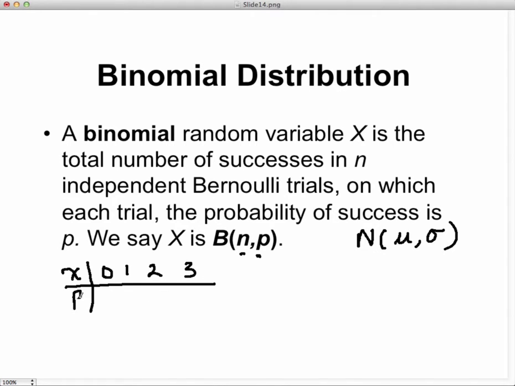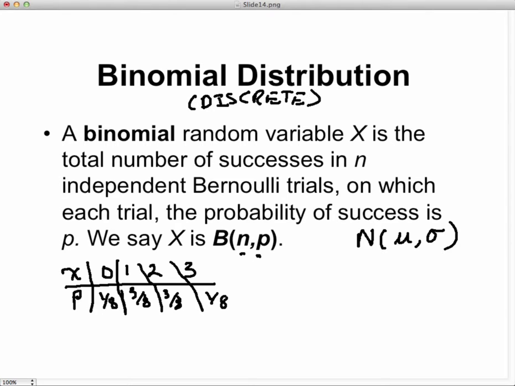And then we had the corresponding probabilities of 1/8, 3/8, 3/8, and then 1/8 respectively. So we know that in a discrete random variable, there are no values in between any one of these. And so it turns out that the binomial random variable is a discrete random variable. So this is discrete.